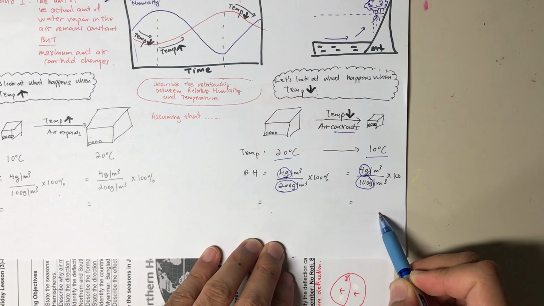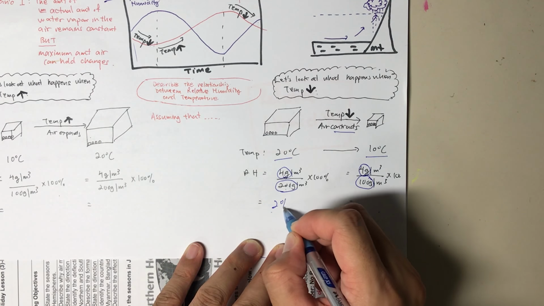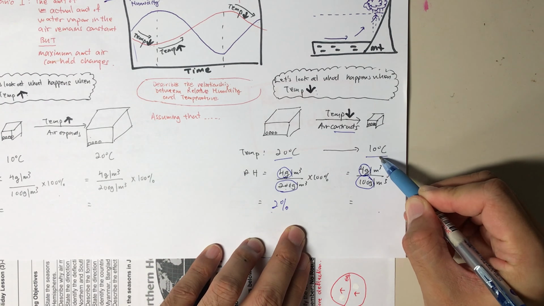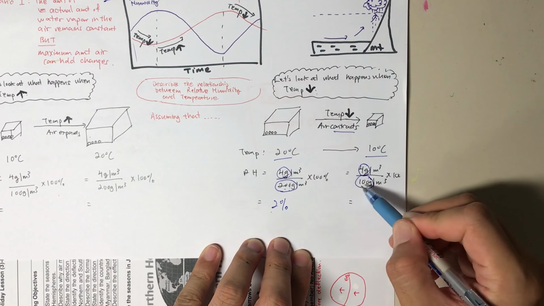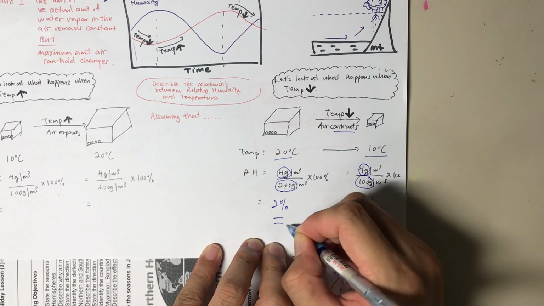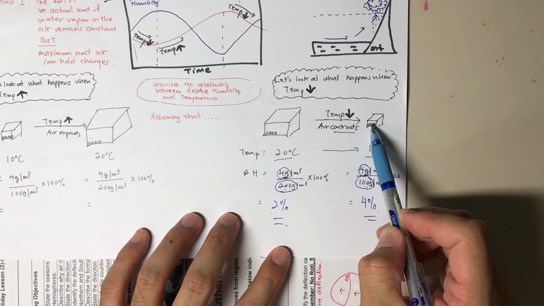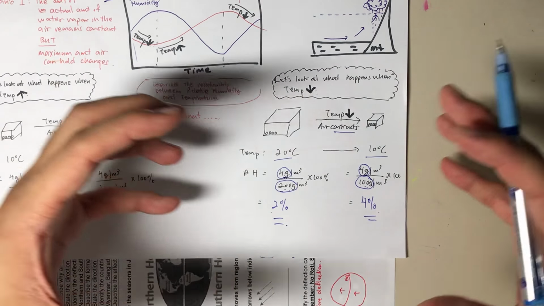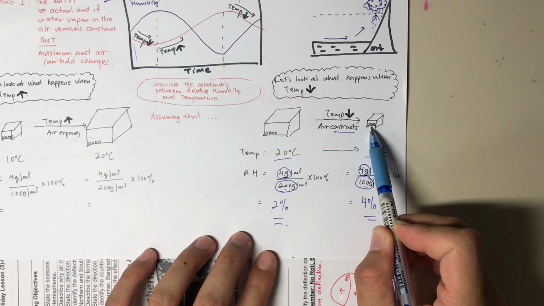Let's look at how it affects the relative humidity. If we do a calculation, 4 divided by 200, this should give you 2%. However, in this case, when temperature has dropped, air has contracted, the maximum amount you can hold has decreased from 200 to 100. 4 divided by 100, you actually get 4%. So what this essentially means is that with the same amount of water vapor, when air contracts, it loses the ability to hold as much water vapor as previously.